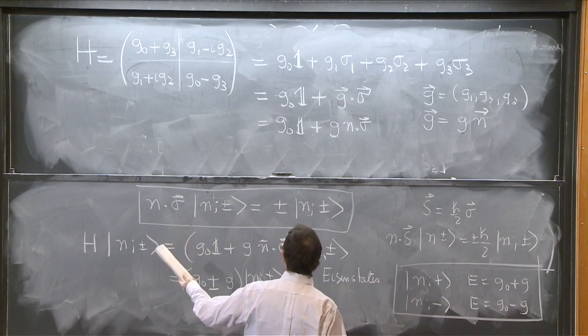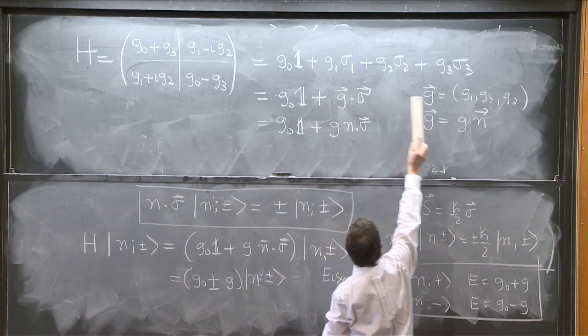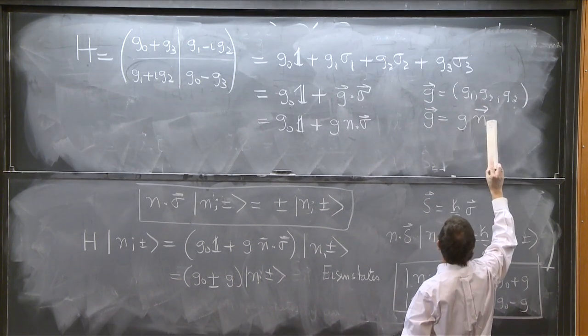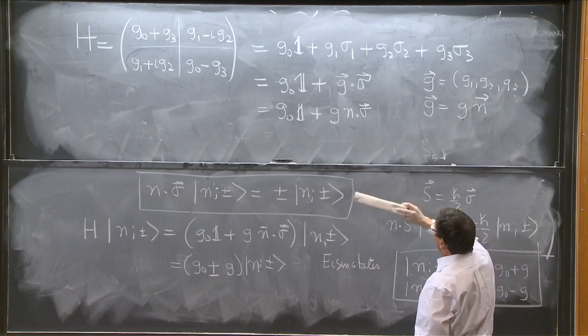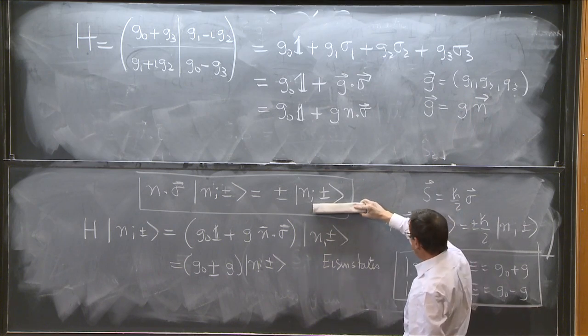And how do you build those states? Well, you know what n is because you know the g's. If you know the 3 g's, you know what the vector g is, you know what the vector n is, you know what this g is as well. And therefore, with the vector n, you construct these states, as you know already very well.